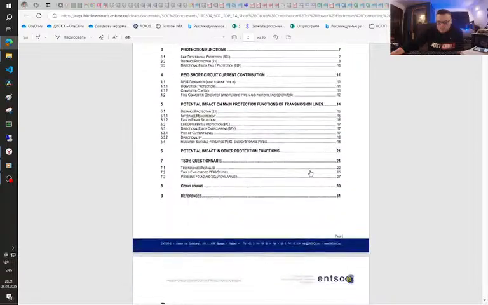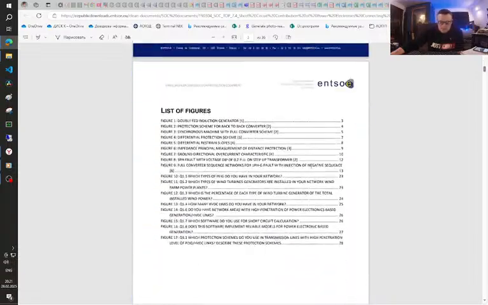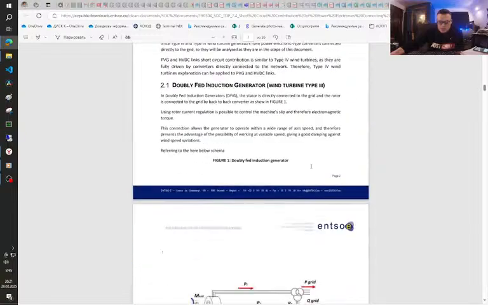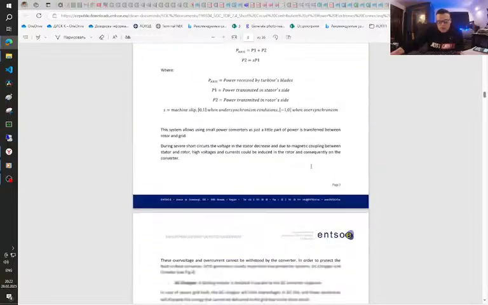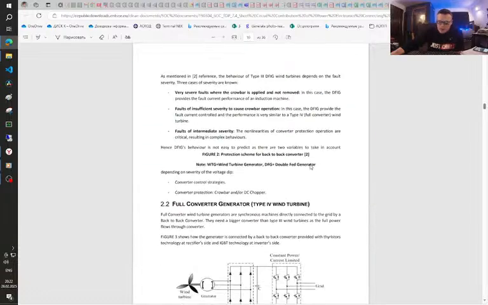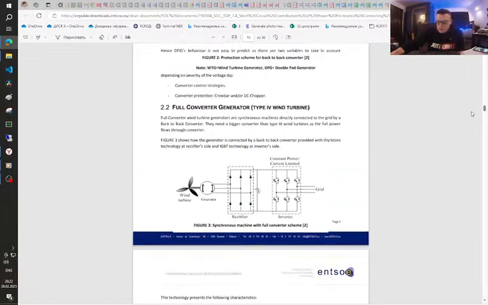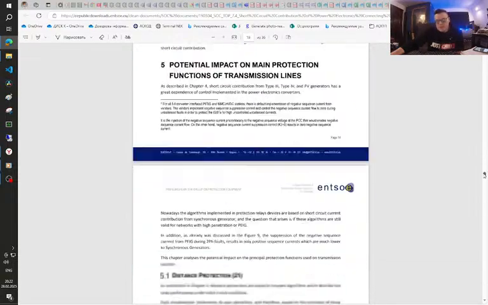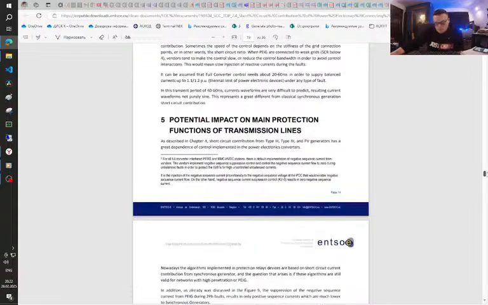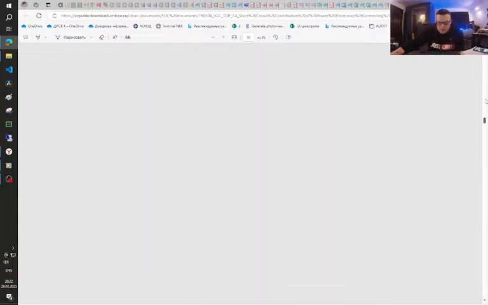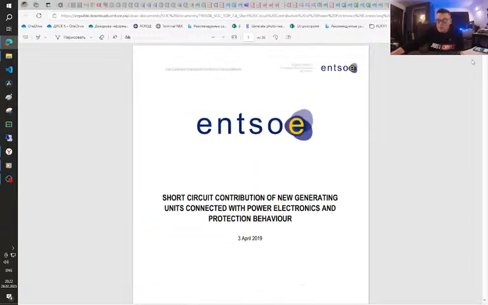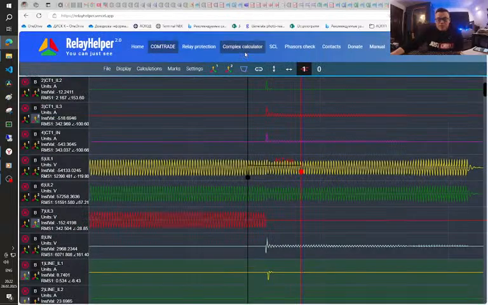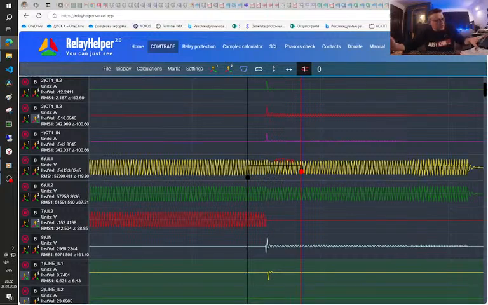Here are some very interesting pictures of how different types of wind farms and wind turbines work, and how their contribution impacts the protections. So at this moment that's all. Now I check, maybe you have questions.